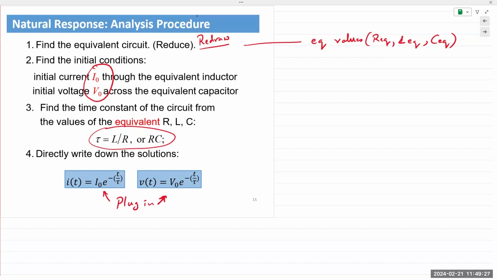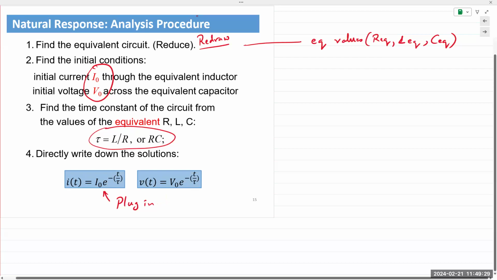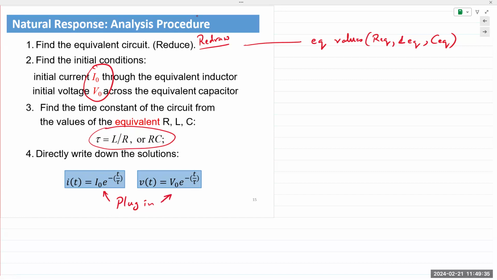That's it. And that would give you the voltage and current equations at any given point in time, that transient period. You only need to find two values: the maximum initial stored voltage or current, and then the time constant. And that's it.